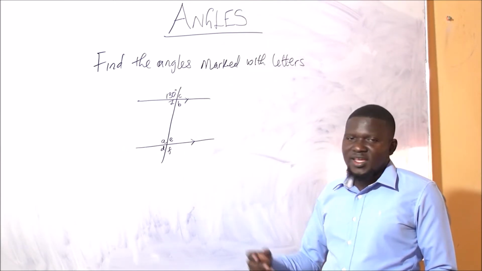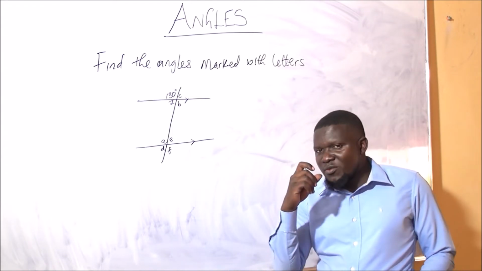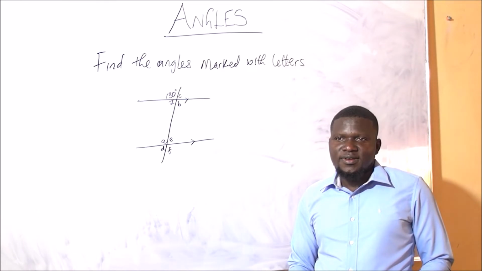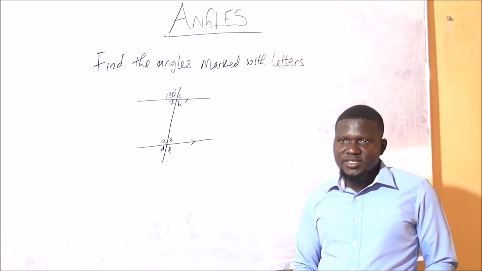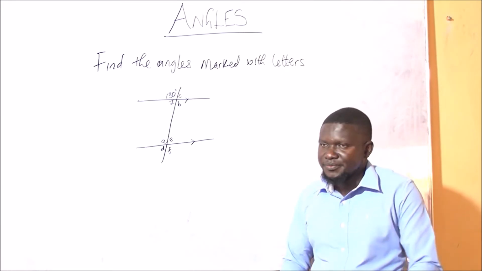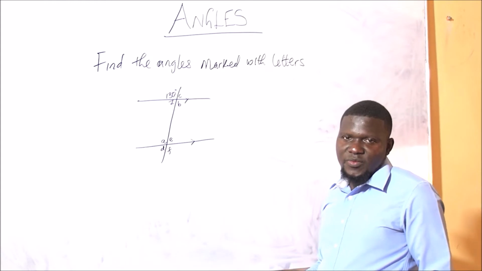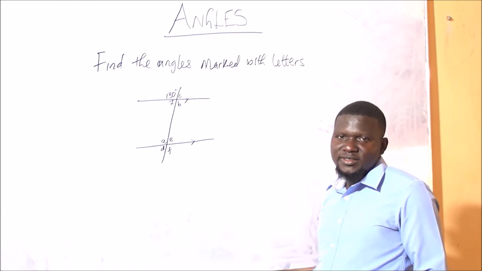And how do we tell these angles are corresponding angles? They form an F shape. Let's look at how we can answer the question. Letter A. How can we find letter A? Which angle does letter A represent? In short, that's what the question demands us to find.